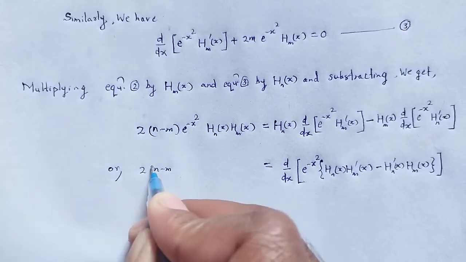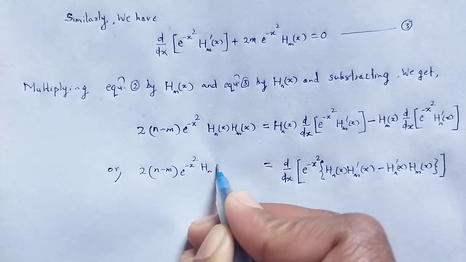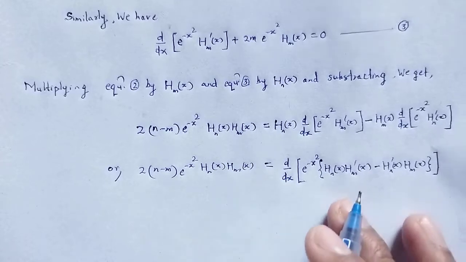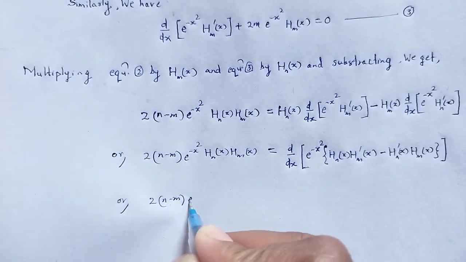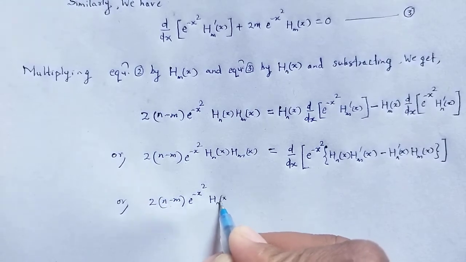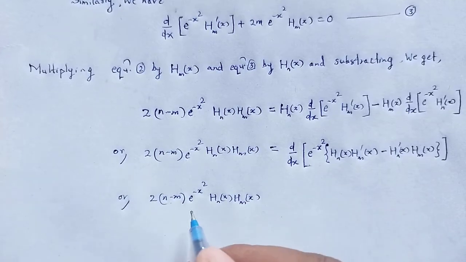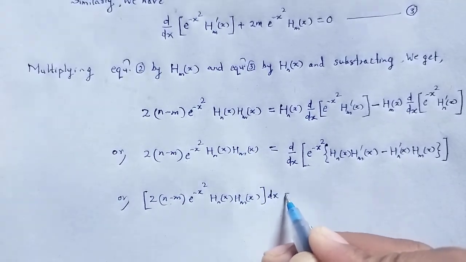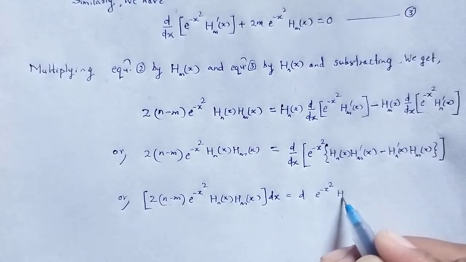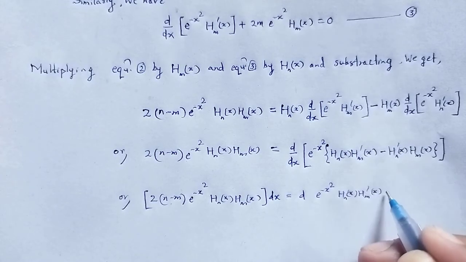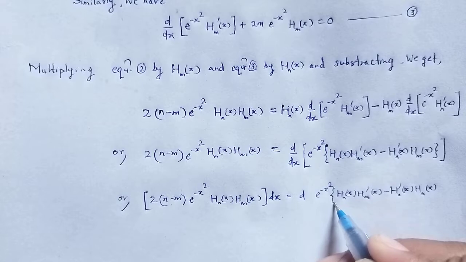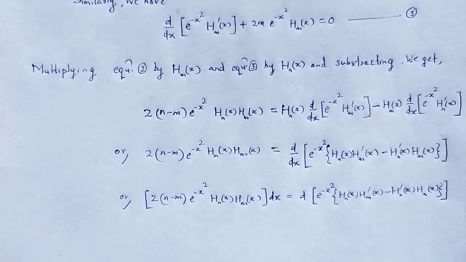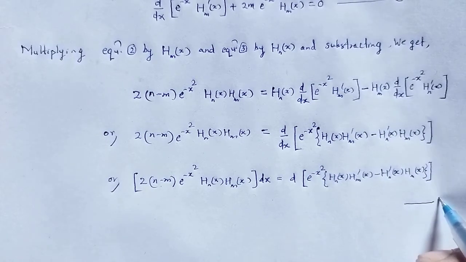That is 2 into n minus m e to the power minus x square Hn of x Hm of x is equal to d by dx of e to the power minus x square Hn x Hm dash x minus Hn dash x Hm x. This will be equation number 4.